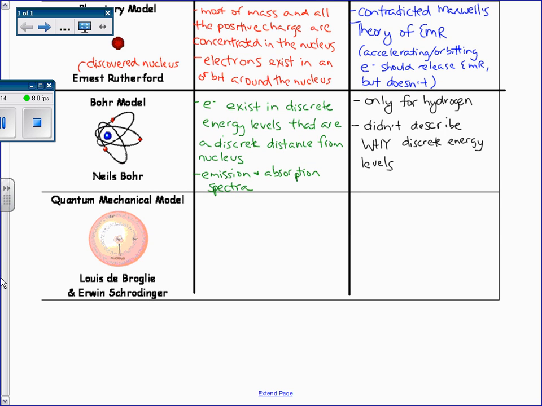And the quantum mechanical model basically says that electrons orbit the nucleus as a wave. And the orbit size must equal a whole number of wavelengths.